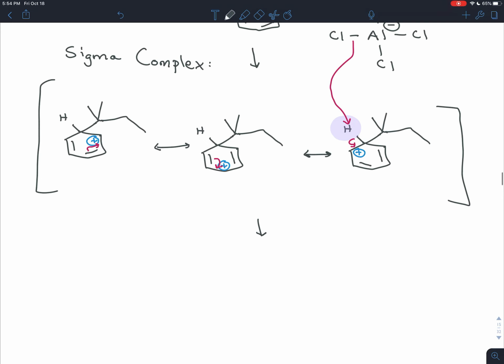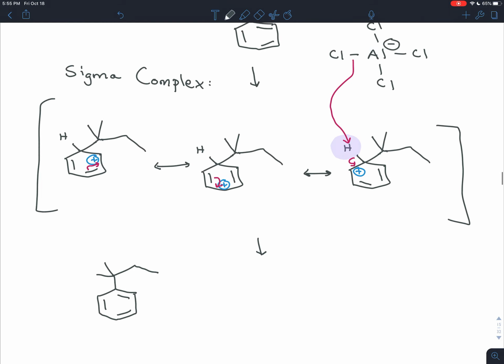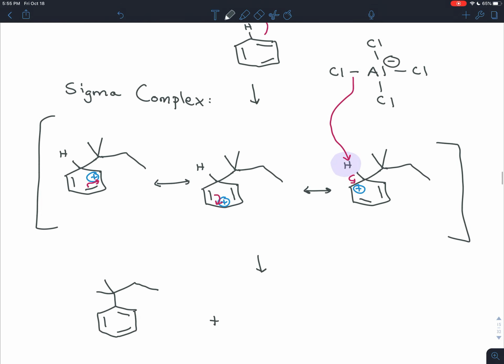So now you are left with your molecule, your benzene ring, attached to a carbon chain. And you also have HCl, that's not the biggest deal.